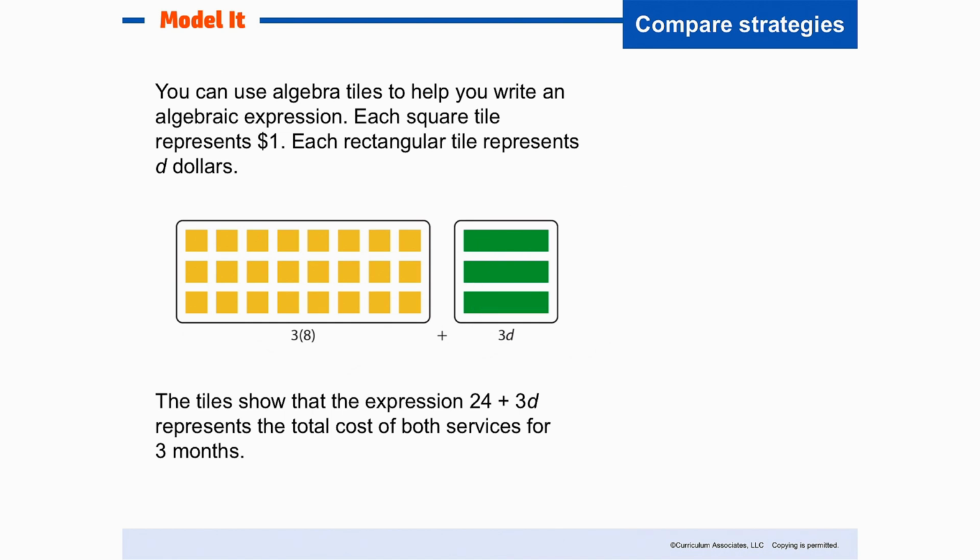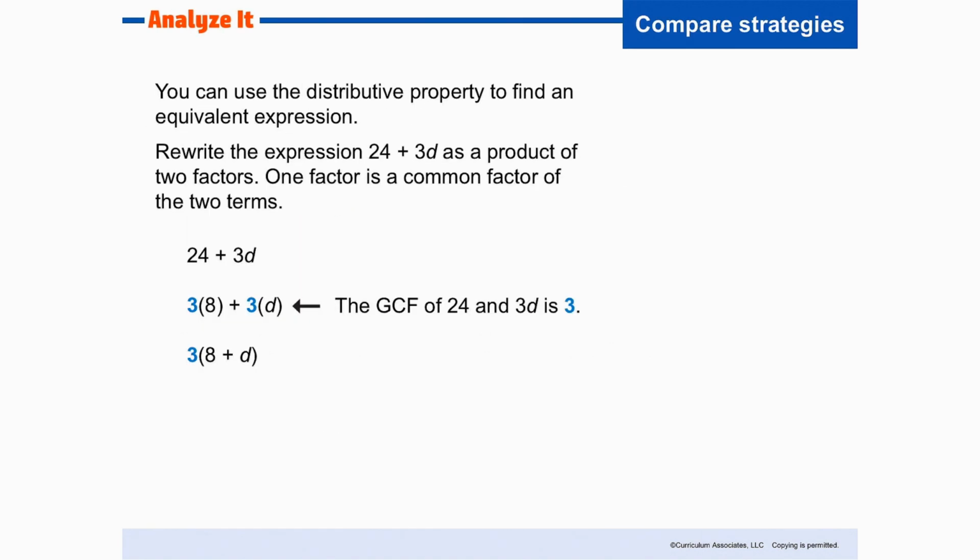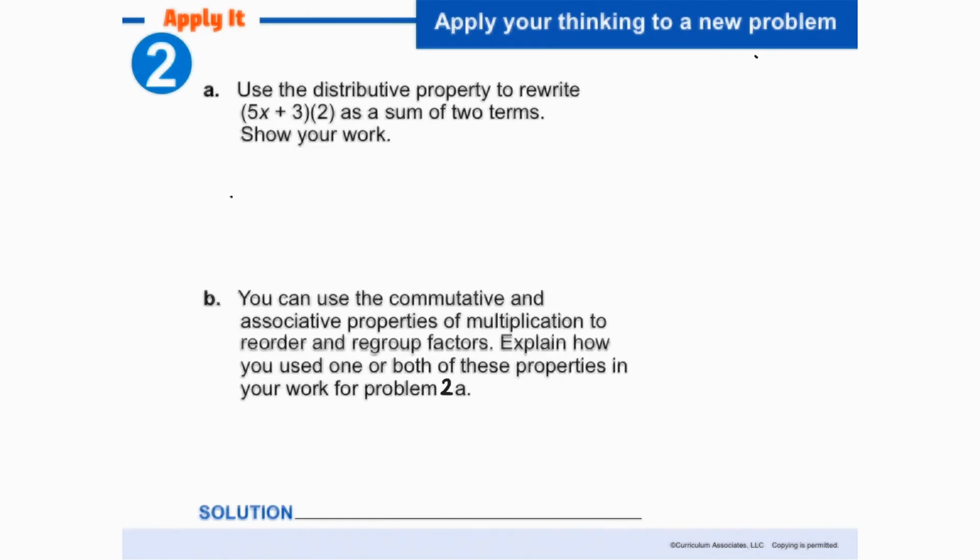So that shows us both expressions, where we have 3 times 8 plus D. And if we were to count all these together, we would have 24 plus 3D. Algebra tiles are a lovely way to look at both expressions. And then we use the distributive property to make them equivalent.